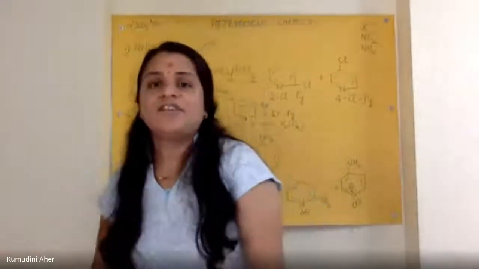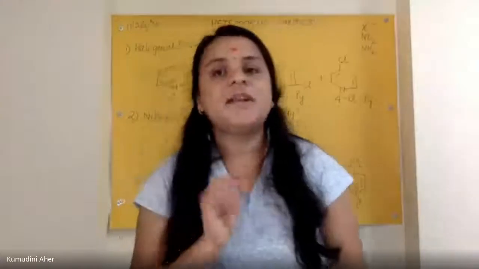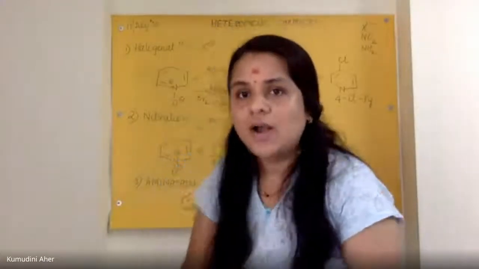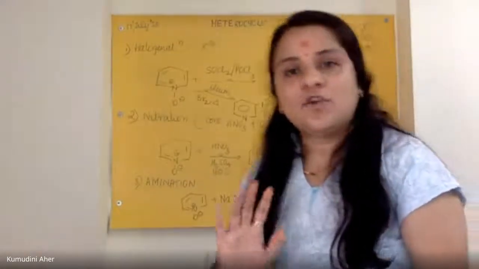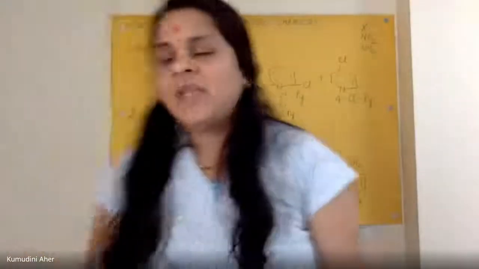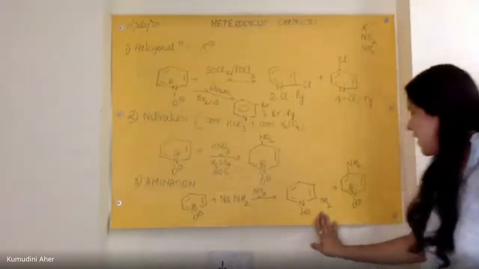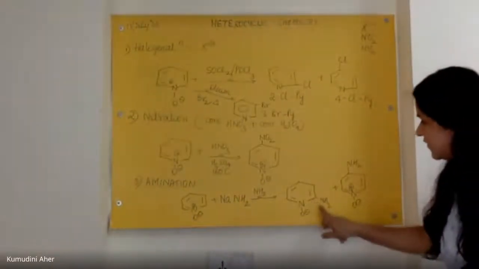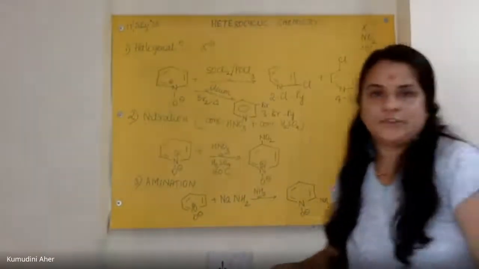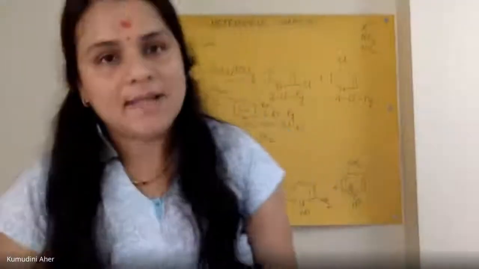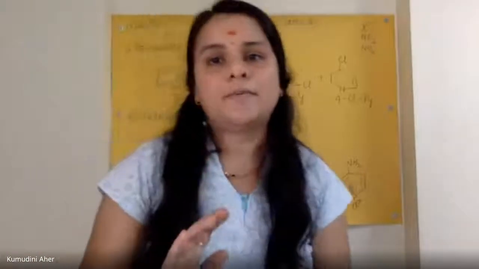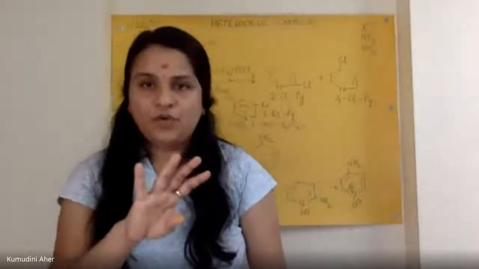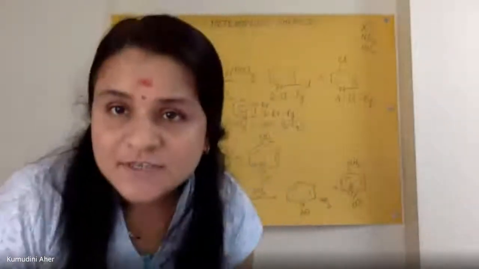In amination, I am going to use an exceptionally strong base called sodamide. This takes place in the solvent ammonia, and it gives rise to 2 products, one at the 2nd position and the next at the 4th position. Because we all know that pyridine N oxide undergoes substitution at positions 2, 4 and 6. Is this much very clear, children?